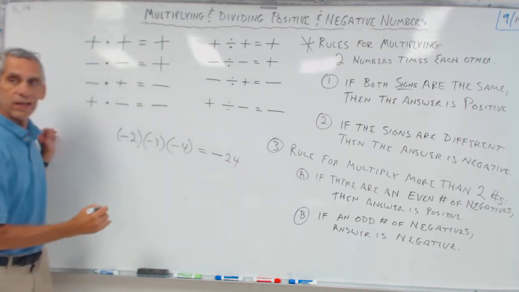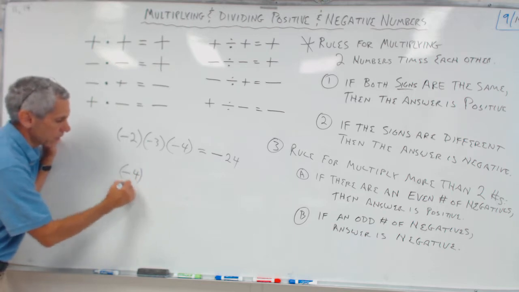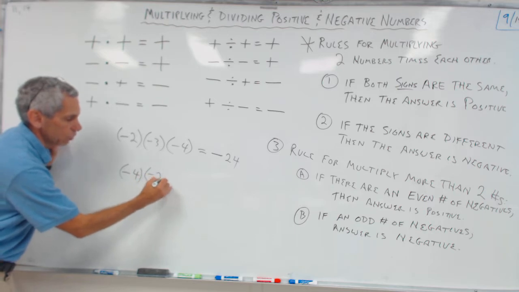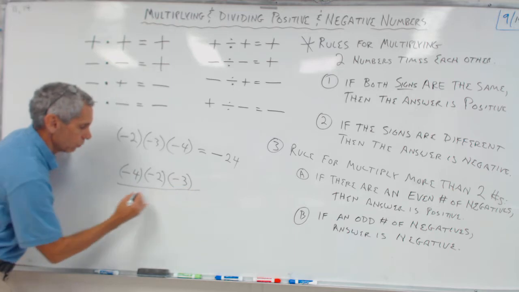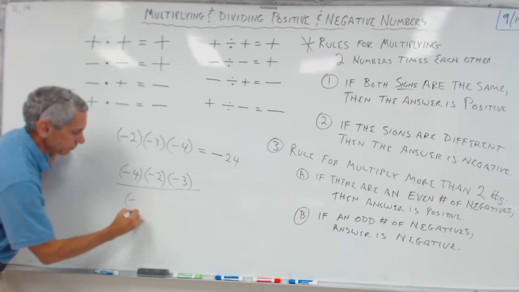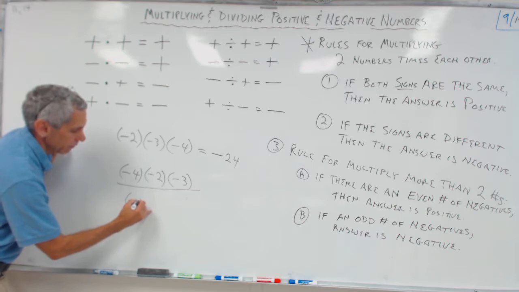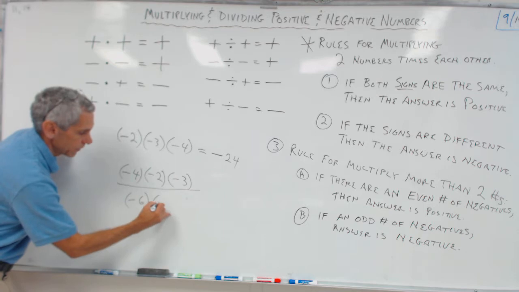All right, what if I did it in a fraction? What if I said -4 times -2 times -3 all over -6 times -2.